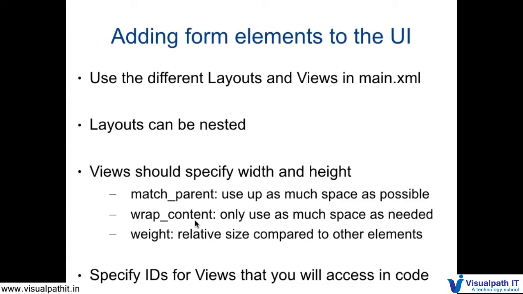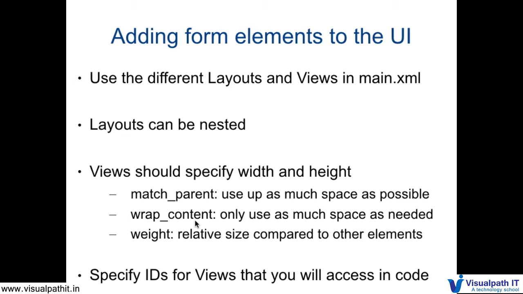Now, with constraint layout, we can also say in terms of percentage how much of the width or height it should have. Apart from that, we can also specify in terms of number. The width or height should be like 200 dp or 400 dp.